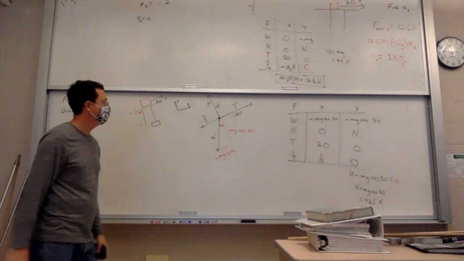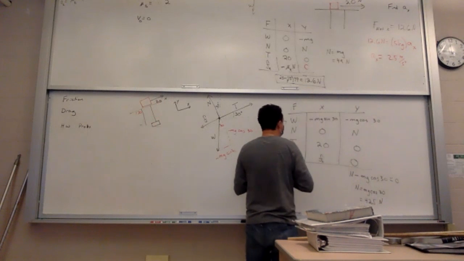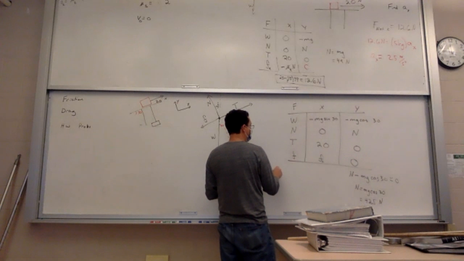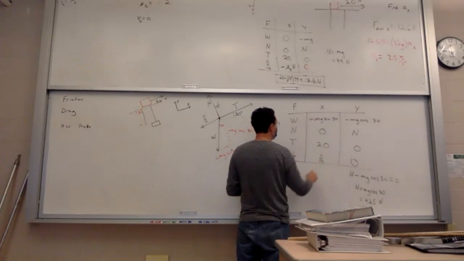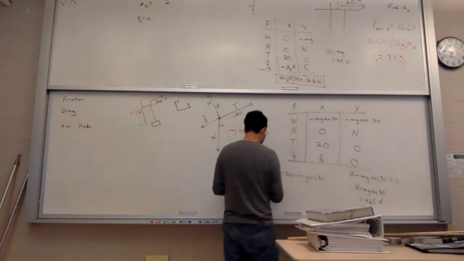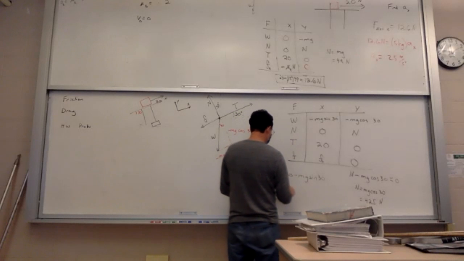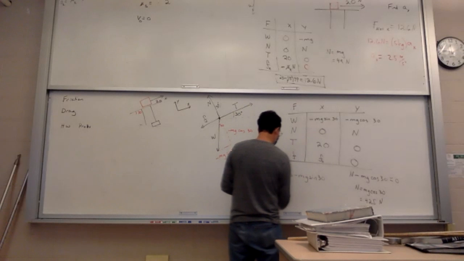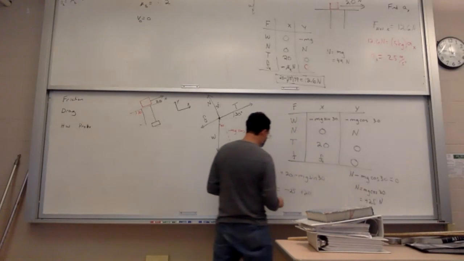All right. If we assume it's static, I add these up and they better equal 0. So I get 0 equals f sub s plus 20 minus mg sine 30. I'll just solve it. f sub s equals mg sine 30, about 25, negative 25 plus 20 in round numbers.